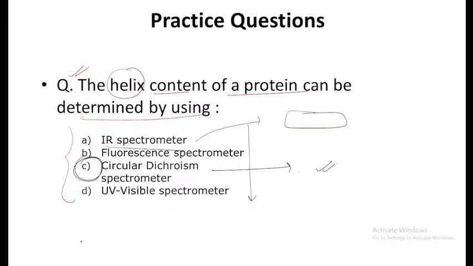What is the application that we have just discussed for the IR spectrophotometer or the IR spectroscopy? Yes.